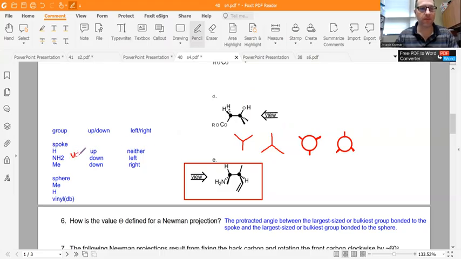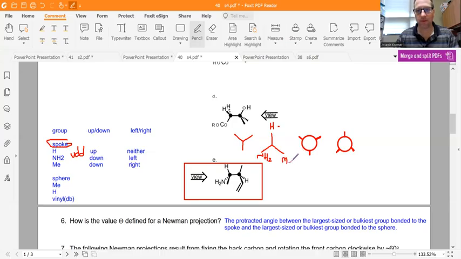UDD, up, down, down. Which spoke satisfies? It's this one. I have H here. All directions here, down and to the left, NH2.